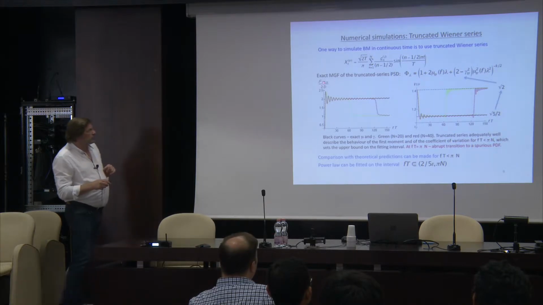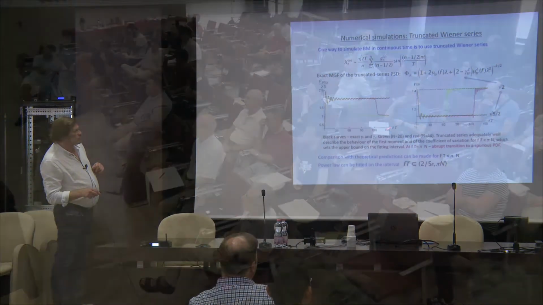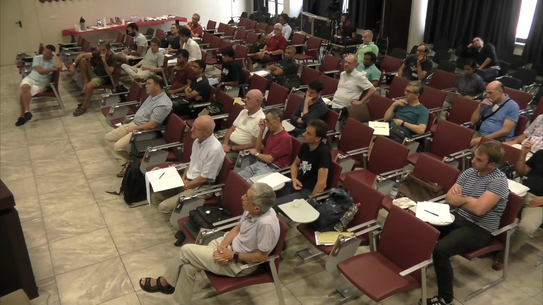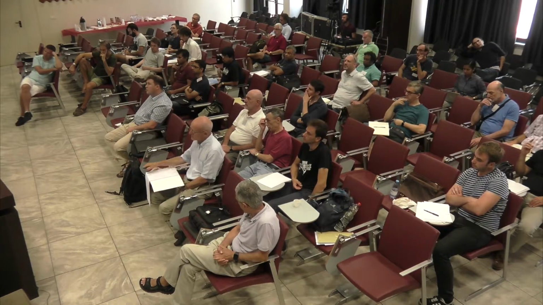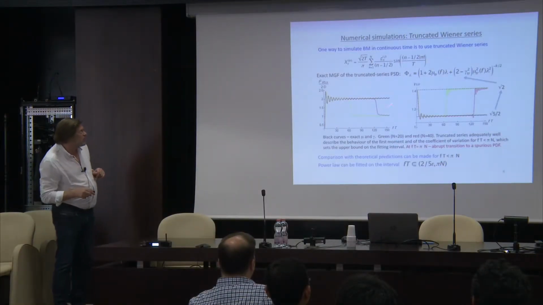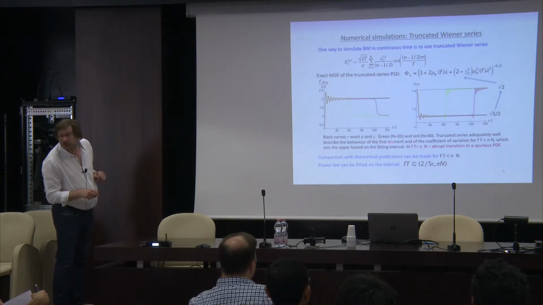And here I plot the reduced first moment, and here I plot gamma as a function of ft. The black curves are the result corresponding to n equal to infinity. Here the same, and these curves, green and red, correspond to different levels of truncation. For green I truncate at just 20 terms, and for red at 40 terms.